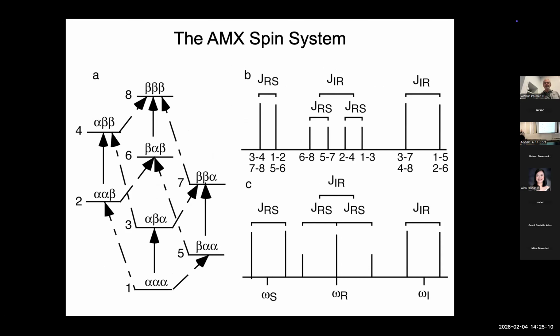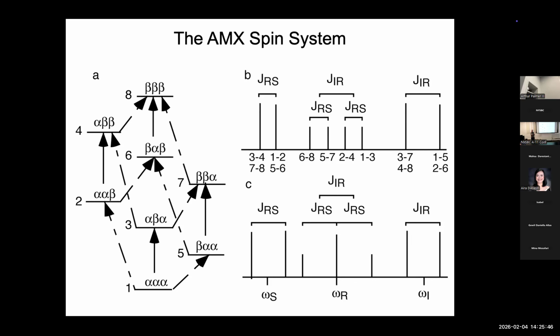Of course, if we have 3 spins, things get more complicated because now we have many more energy levels to work on, and now we have more scalar couplings. It's important to remember that each scalar coupling is either generating an in-phase doublet or an antiphase doublet.